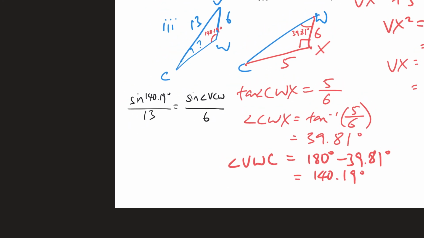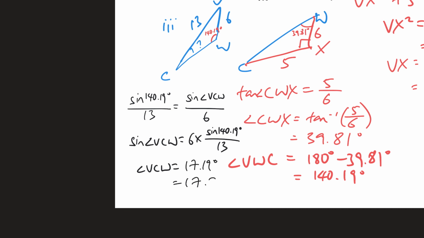This angle with this side, this angle with this side. Then sine VCW is simply 6 times this, and we can solve. So VCW we get 17.19 degrees. So if I want 1 decimal place, 17.2 degrees.